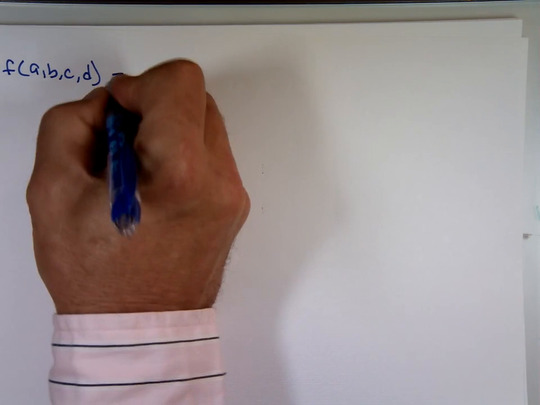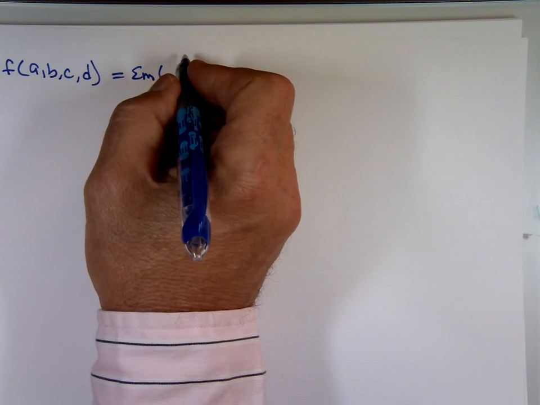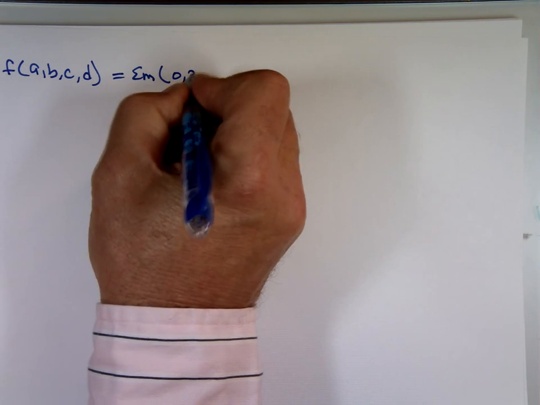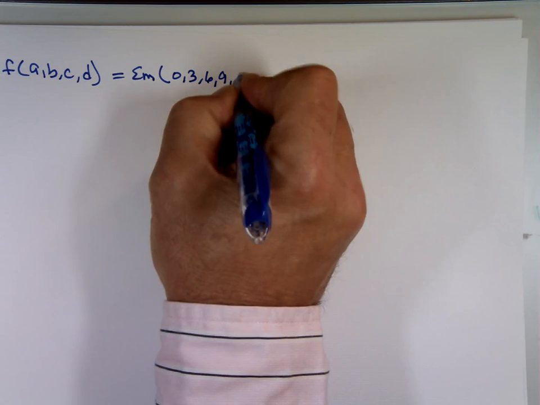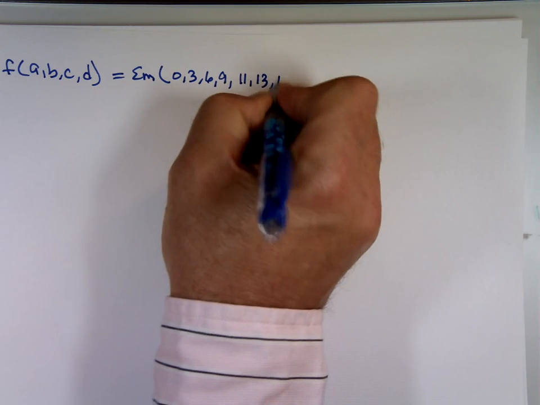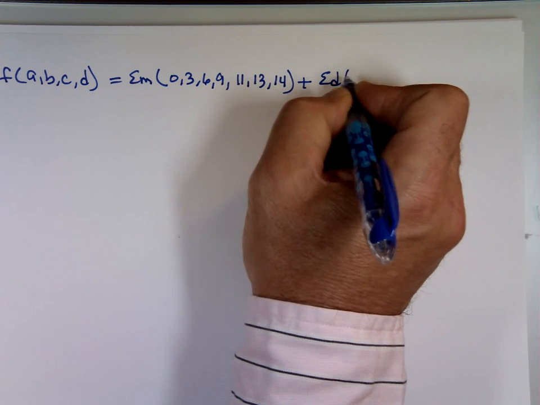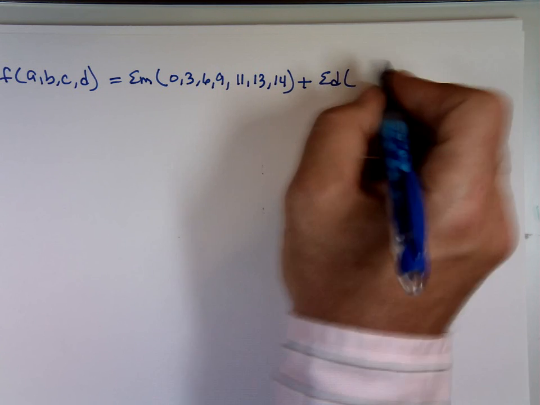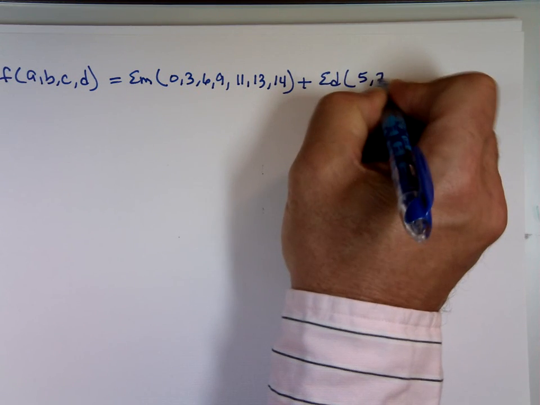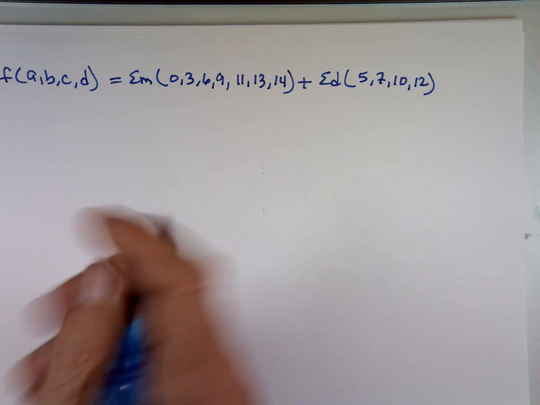It's the summation of 0, 3, 6, 9, 11, 13, 14, plus the don't care at 5, 7, 10, and 12. So let's take a look.